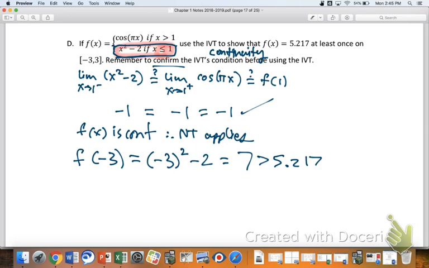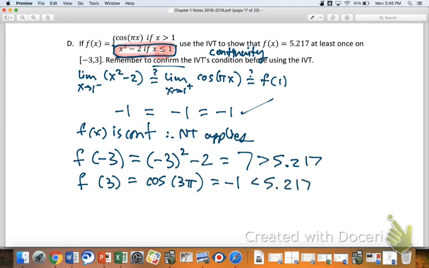Plug in 3? Okay. So f of 3 would equal cosine of 3 pi. And what is cosine of 3 pi? -1. Yeah, unit circle stuff. And how does that relate to our target? It's less than.